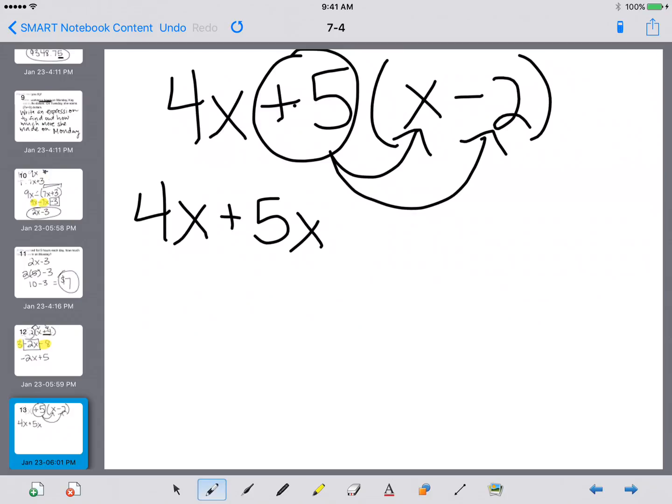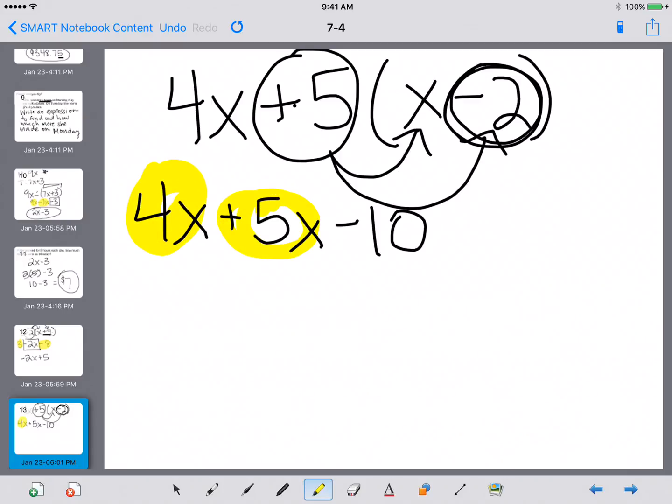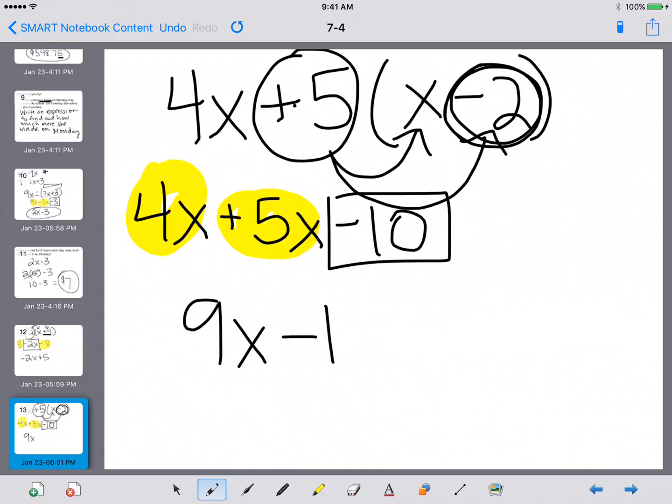And positive 5 times negative 2, there's a minus sign there. So 5 times negative 2 is negative 10, because when you multiply or divide, negatives come in pairs. And then, just as always, we find our like terms, minus 10, and combine. So 4x plus 5x is 9x, and our minus 10 just stays.